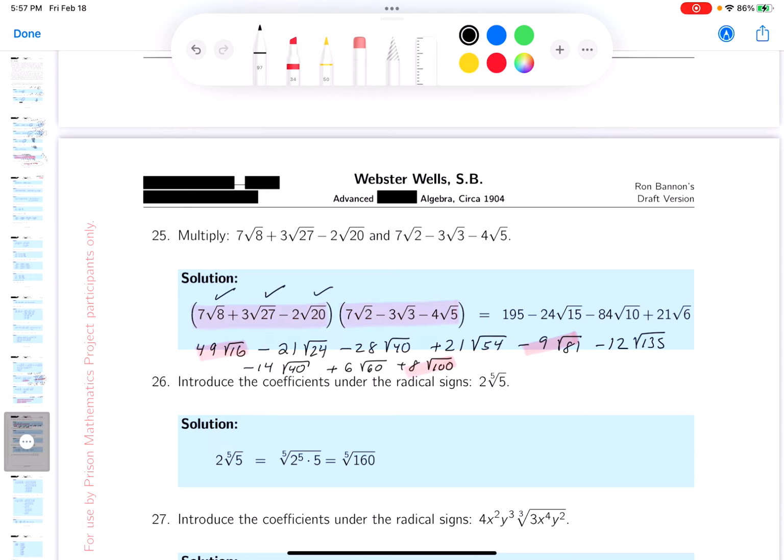The first one's going to be 49 times 4. I'll write that down. 49 times 4. This one's done. What's this one going to be? Minus 9 times 9. Let's do this one. That's going to be plus 8 times 10.